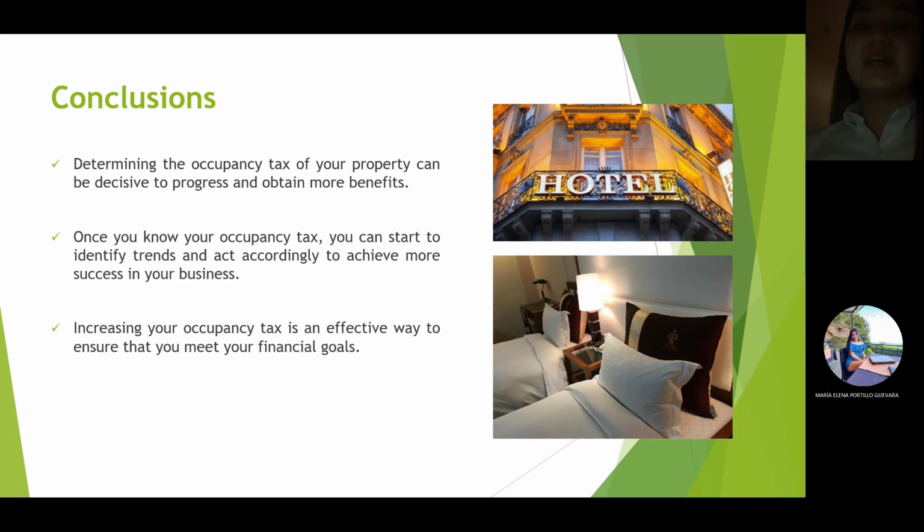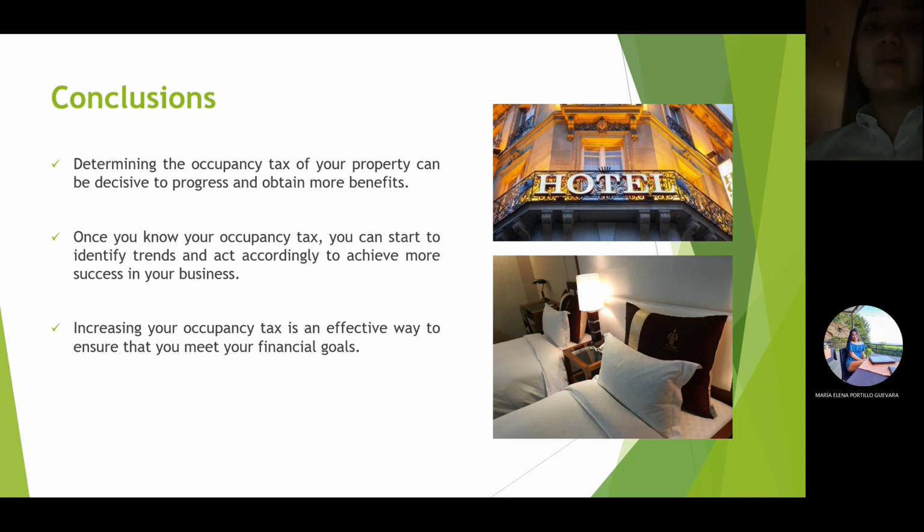First, that occupancy hotel tax and determining it can be decisive to progress and obtain more benefit. It's like a win-win for the users and the owners.